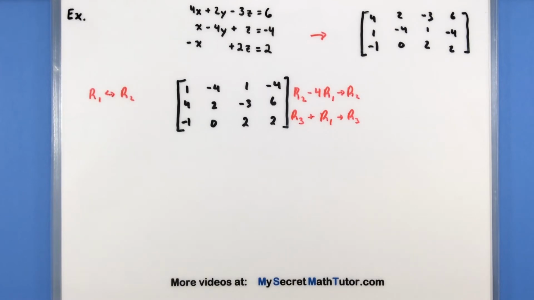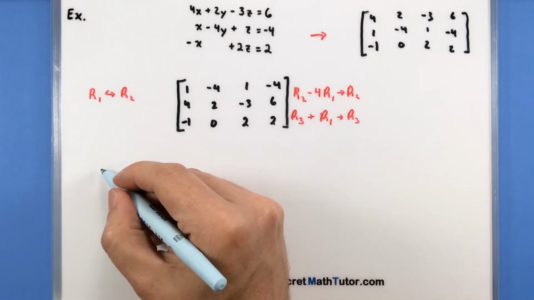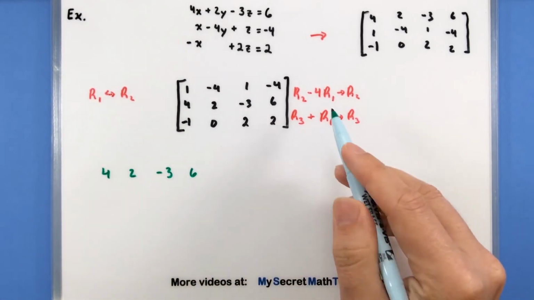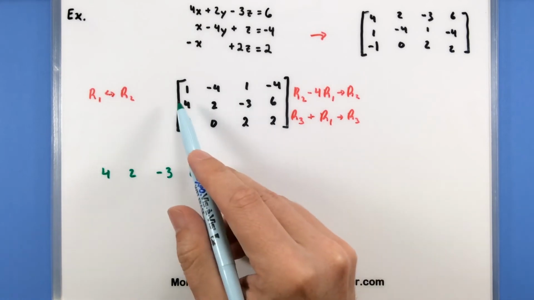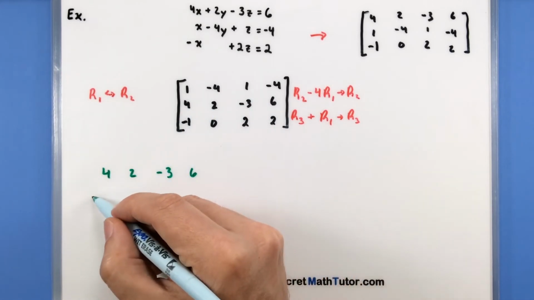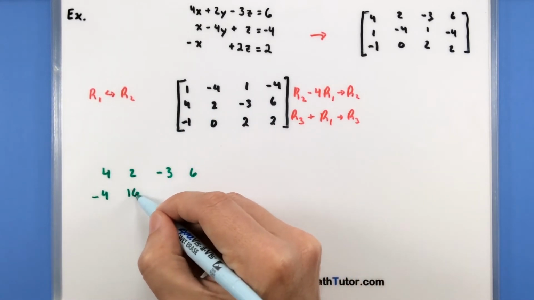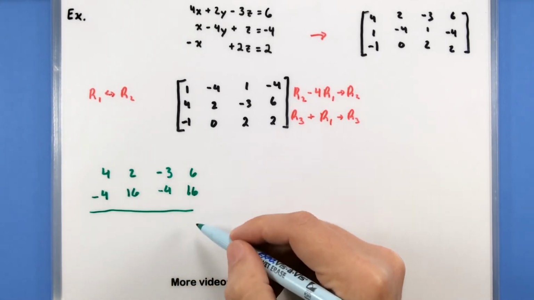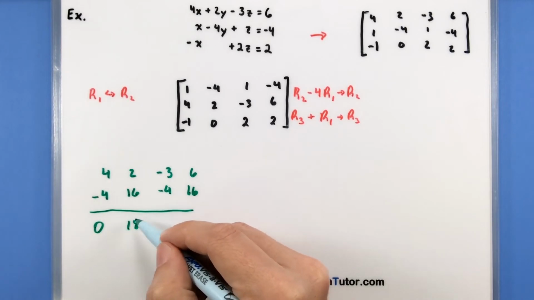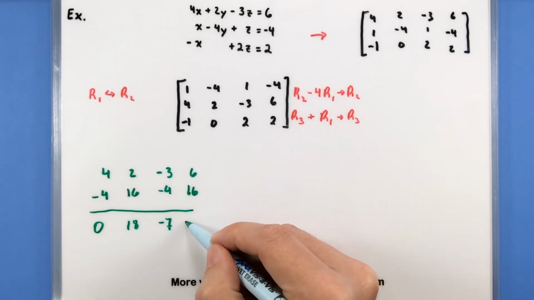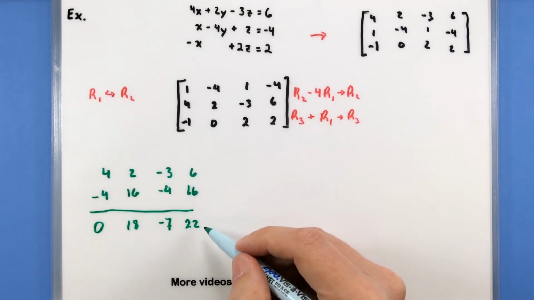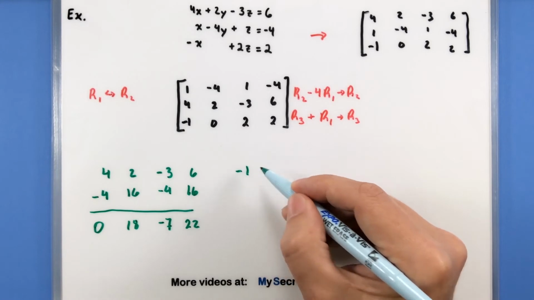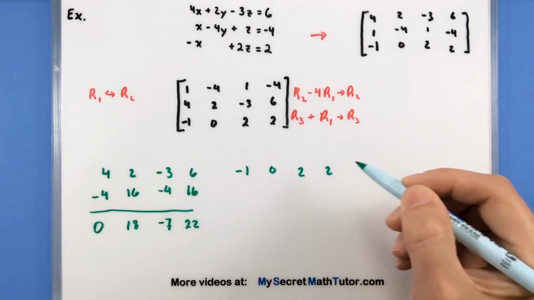Time to do some scratch work so we don't mess up too much stuff. So here's row 2: 4, 2, negative 3, and 6. And we want negative 4 times row 1. So I want to take row 1, multiply it by negative 4. Then I can go ahead and add these together. Let's see, 22, and this will become my new row 2. All right, let's do the same thing here. So row 3, that looks pretty good.